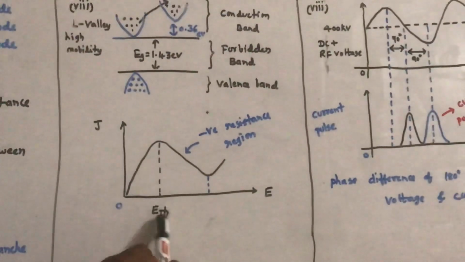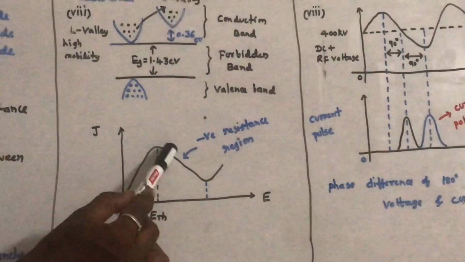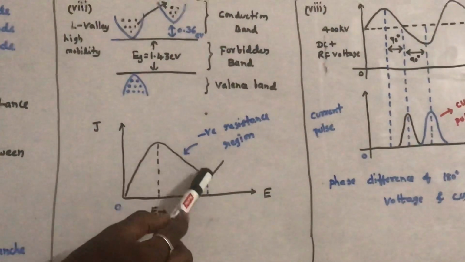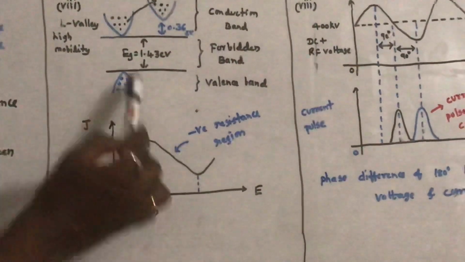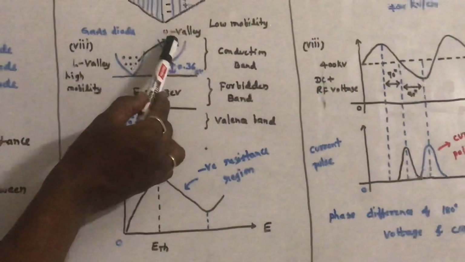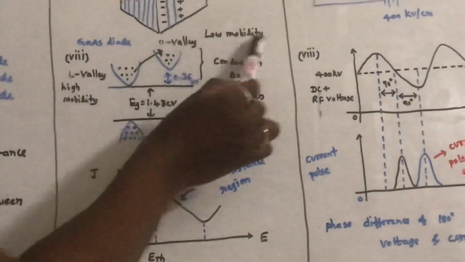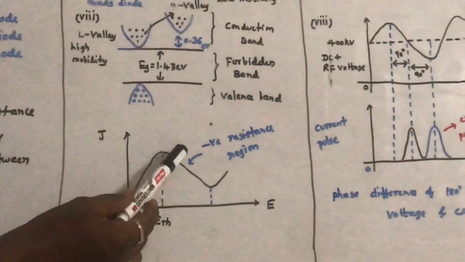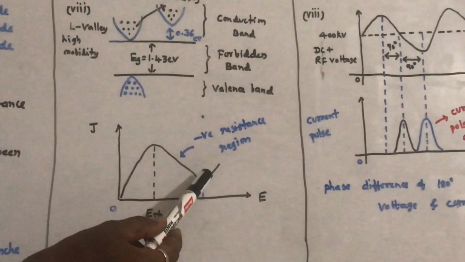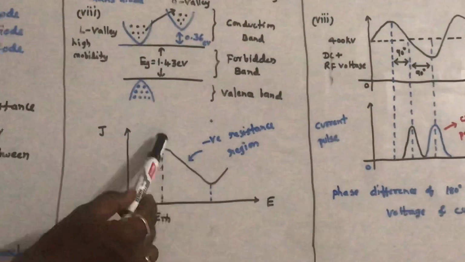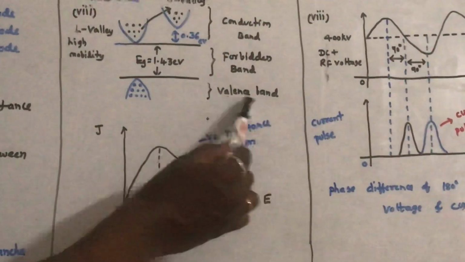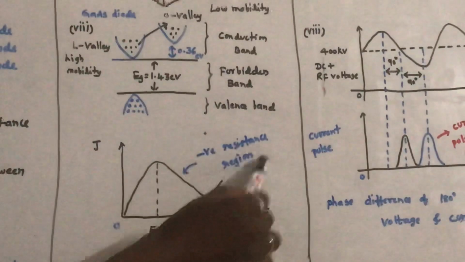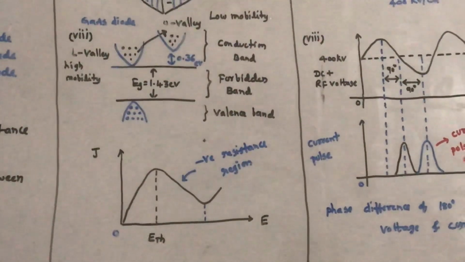After the threshold electric field, the current density in the device starts decreasing. Why is this happening? Because the electrons are transferred to the upper valley, where they have low mobility. So when the electrons have low mobility, the current density starts decreasing. This region is shown as the negative resistance region. Therefore, this mechanism is generally used in transferred electron devices.